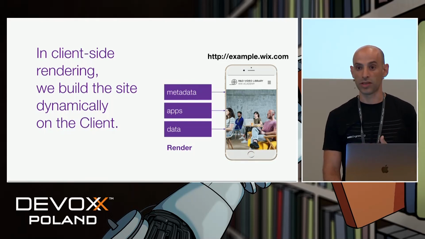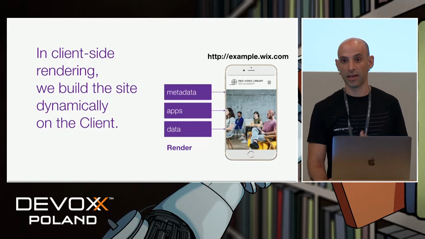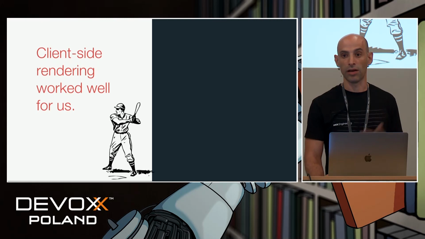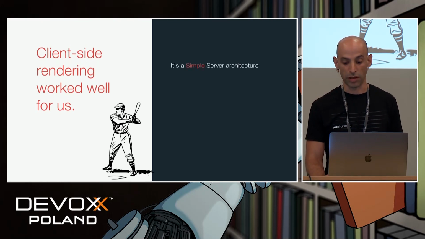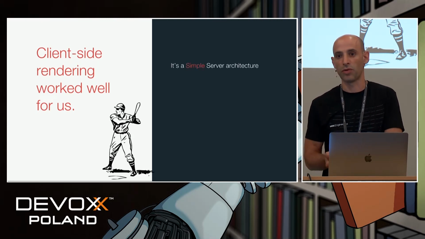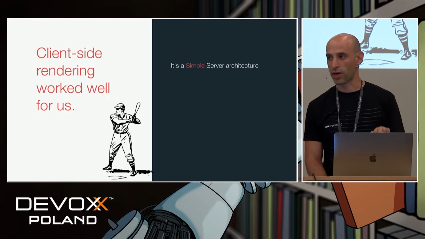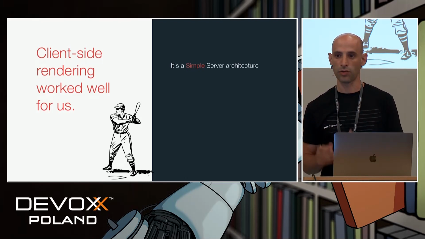The site was generated on the client, and it gave us a lot of good stuff. For example, it allowed us to have a very simple server architecture. You get a request, the server returns a template, and all of the client code is downloaded.